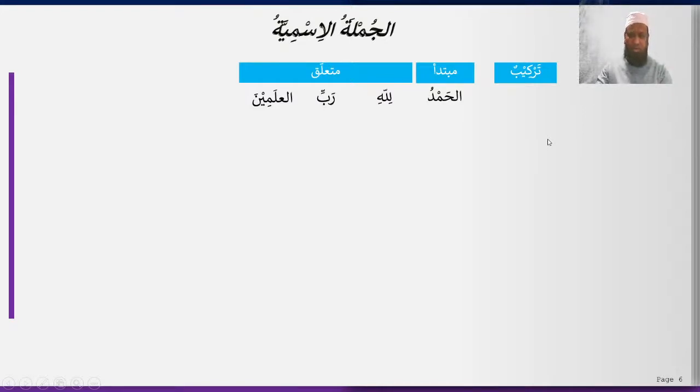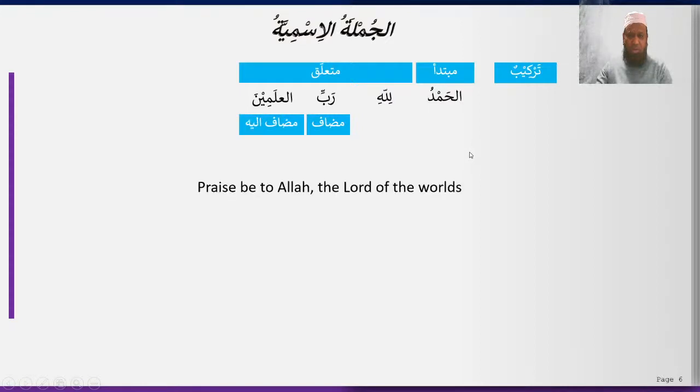In the muta'alliq we have two sub-phrases: harf jar and majroor, and then mudaf and mudaf ilayh. Let's look at that. So Rabb is mudaf and alamin is mudaf ilayh, and lam is harful jar, and this will be majroor.